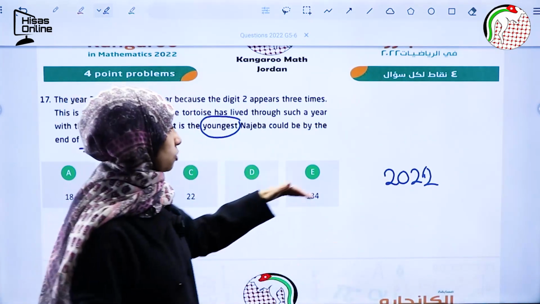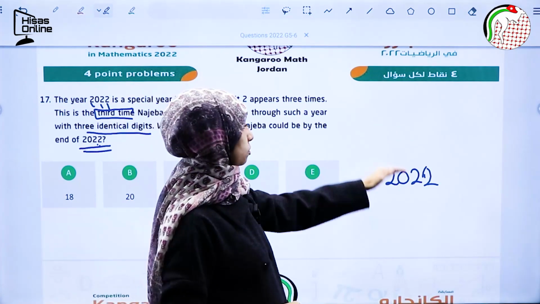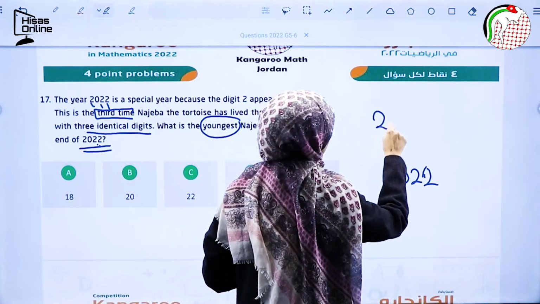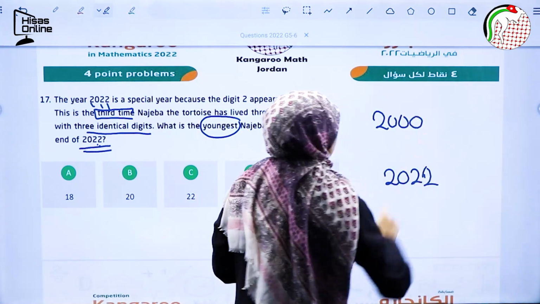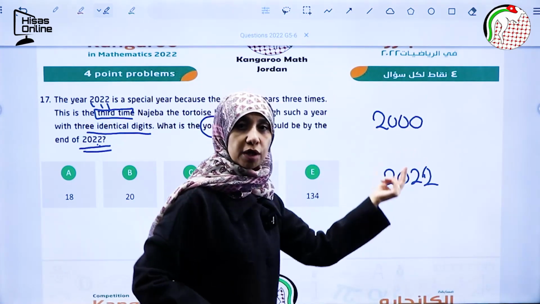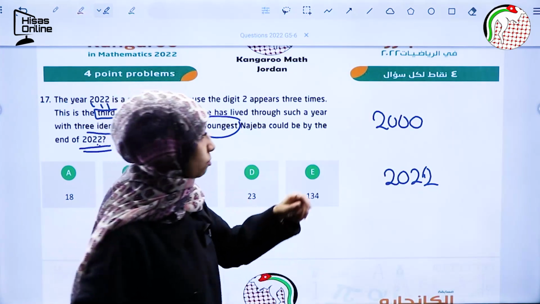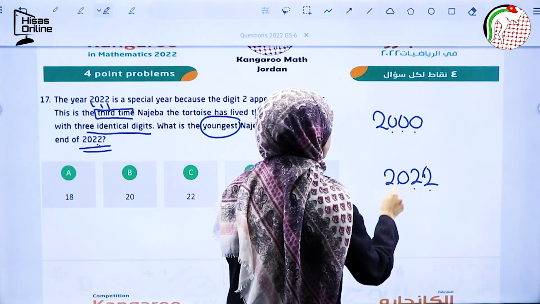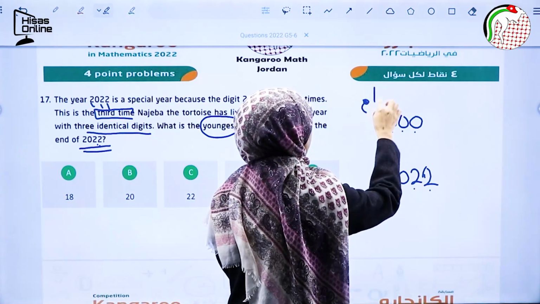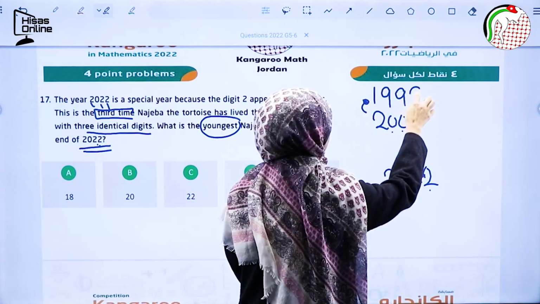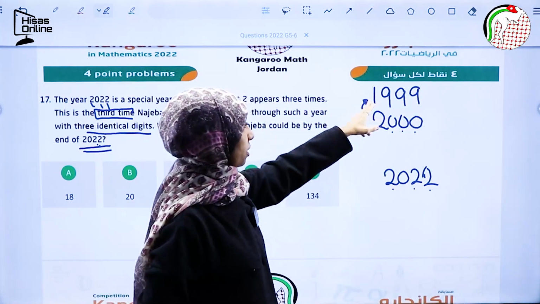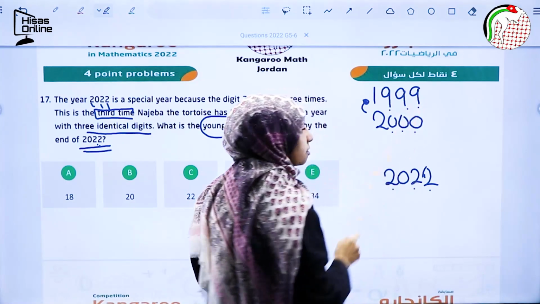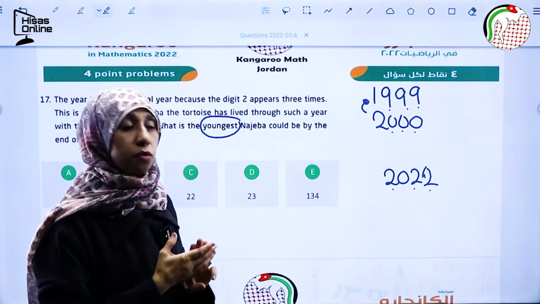Moving back 2021, 2020, up, you will reach 2000. Other years, you may find 2 identical digits, but when we talk about 3 identical digits, so here 3 zeros, here 3 twos, and moving back 1 year, you will find 1999. And here we can see that 9 also appeared 3 times.